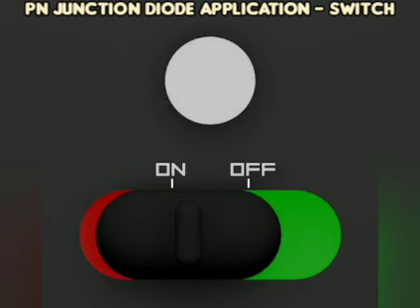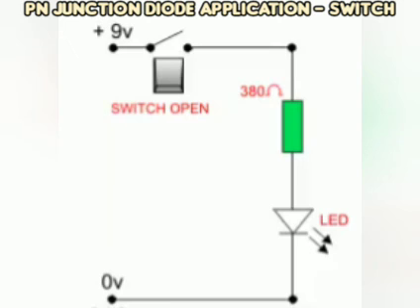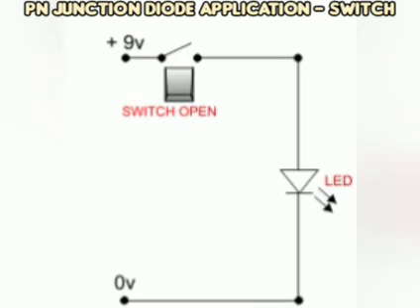Of course, how is a PN junction diode a switch? Our PN junction diode works only in forward bias condition, whereas it is blocked in reverse direction. It works only in one direction. Our switch is the real-time example.